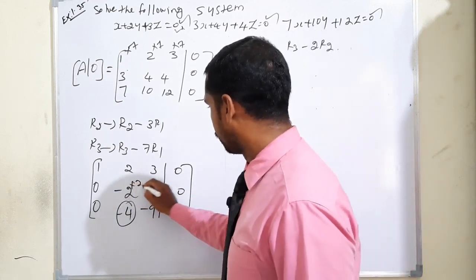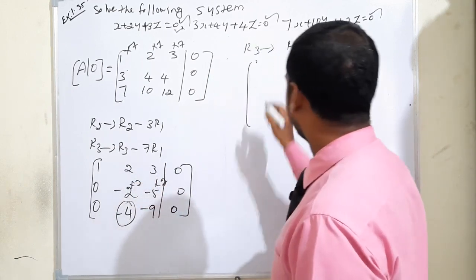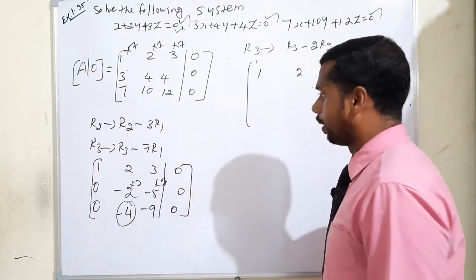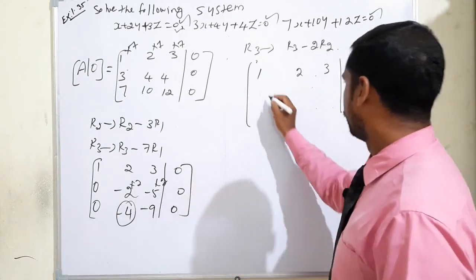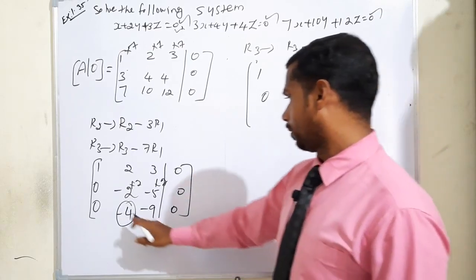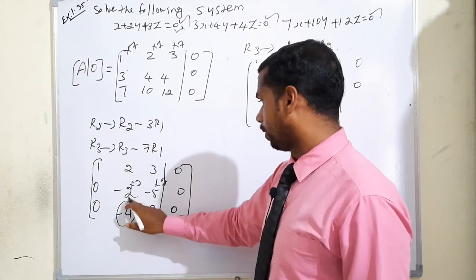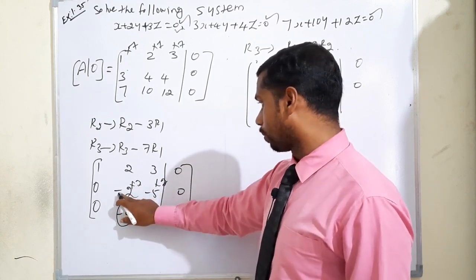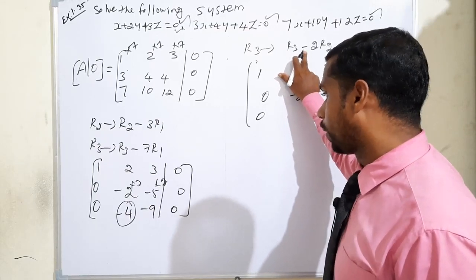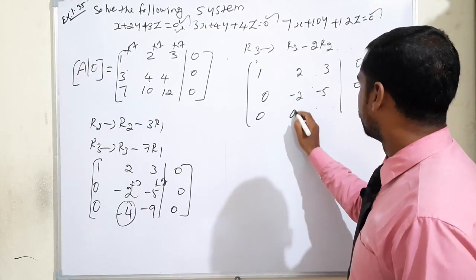Here into 2, here also into 2. R1 and R2 stay as they are: 1, 2, 3, 0, then 0, minus 2, minus 5, 0. In the third row, there is 0, then 2 into 2 is 4, with the common minus, minus into minus gives plus. So minus 4 and plus 4 means the value will be 0, isn't it?